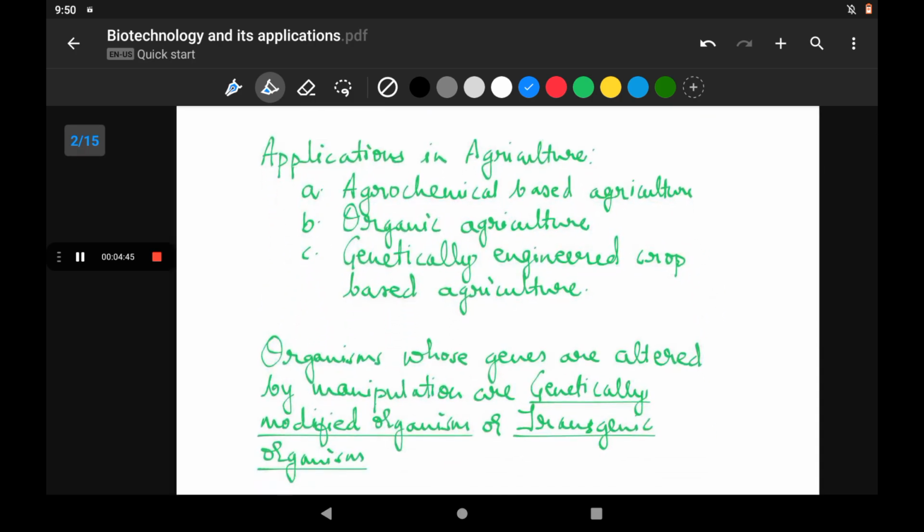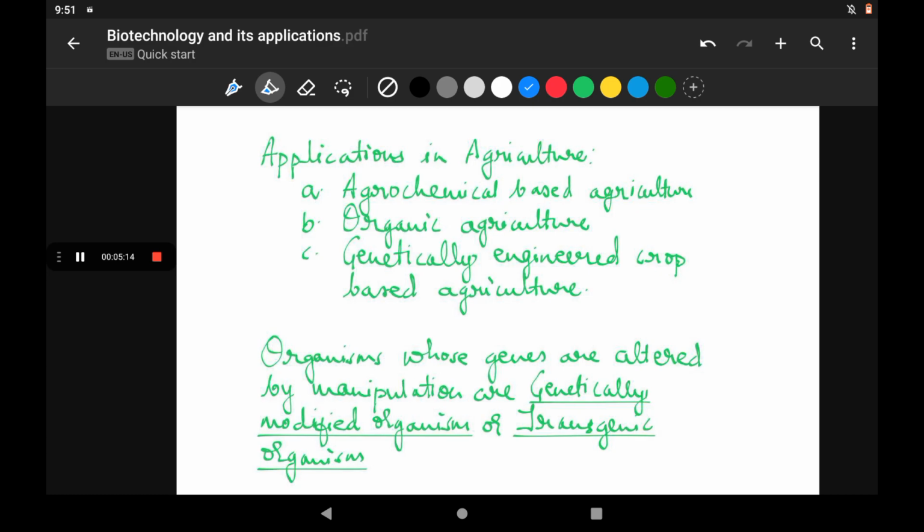The applications in agriculture have been varied: agrochemical based agriculture, organic agriculture, and genetically engineered crop based agriculture. I've come across many questions in our books wherein the improvement of food can be by any of these methods. But predominantly, at present 80 to 90% of our entire agriculture is agrochemical based agriculture.